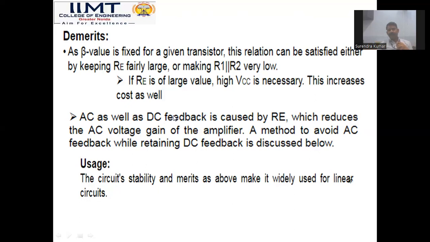DC feedback is good to stabilize the operating point, but the AC feedback is not required. That will decrease the overall voltage gain of the transistor. So to avoid this, we use a capacitor in parallel with RE. You see, this circuit's stability and merits make it widely used for linear circuits.